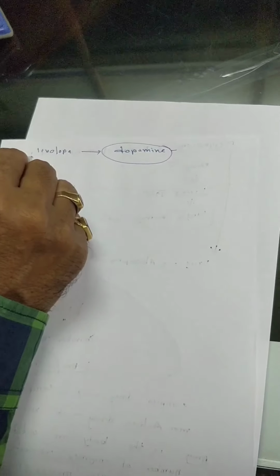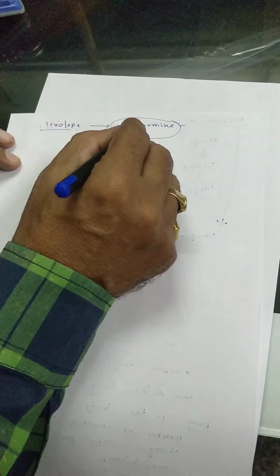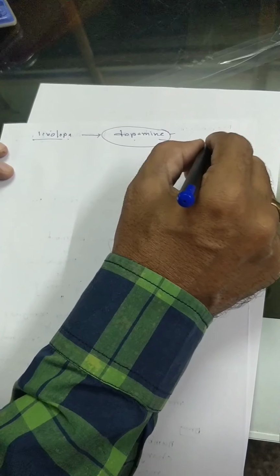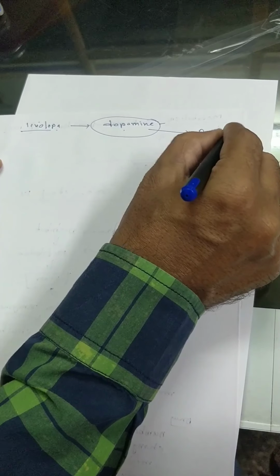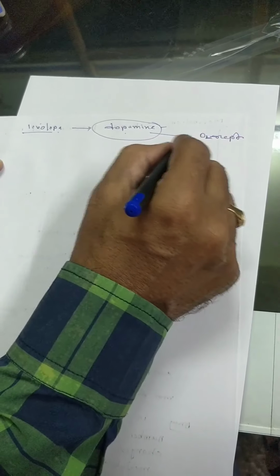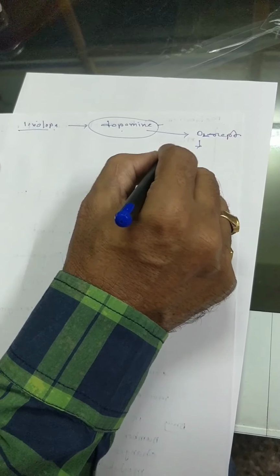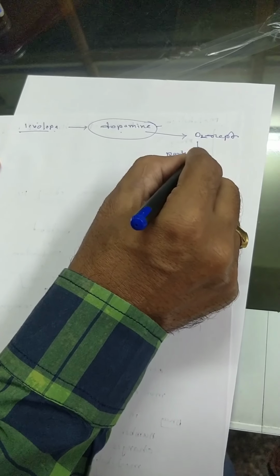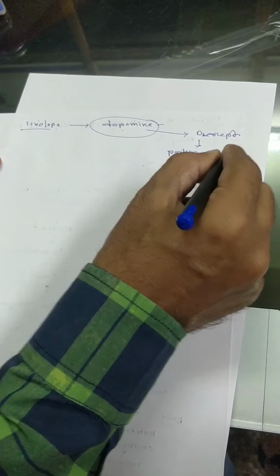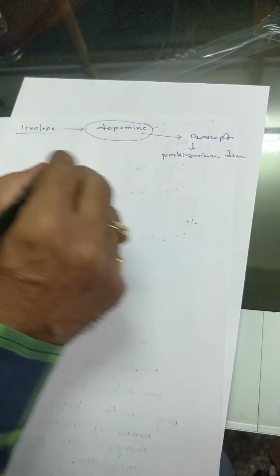Levodopa is a precursor that converts into dopamine, and that acts in the brain by D2 receptors, and it is used in the treatment of Parkinsonism. It's a disease of old age.